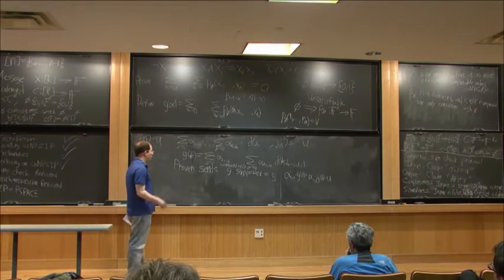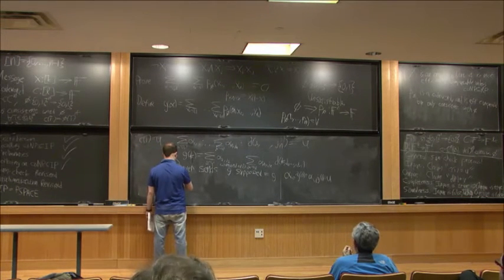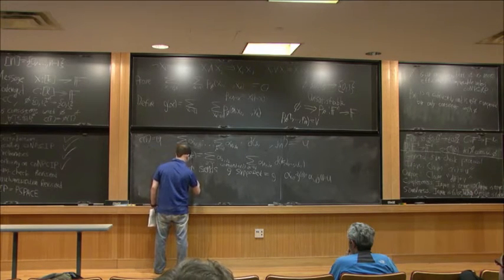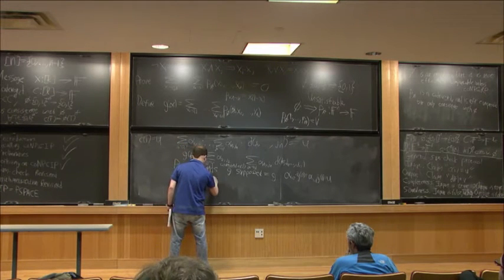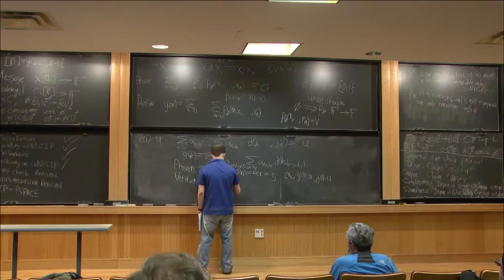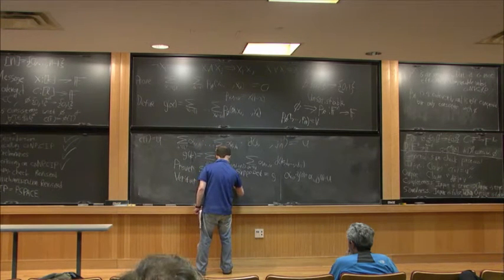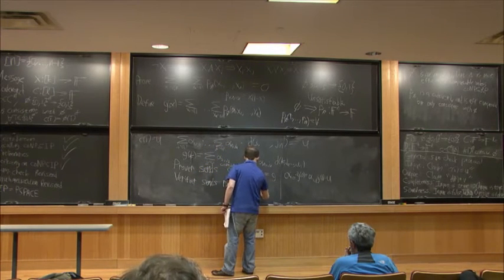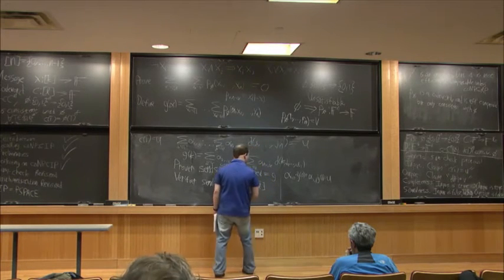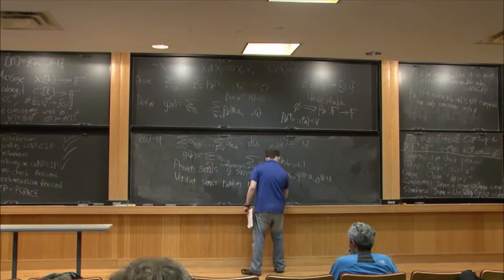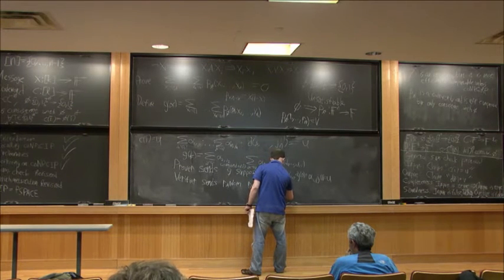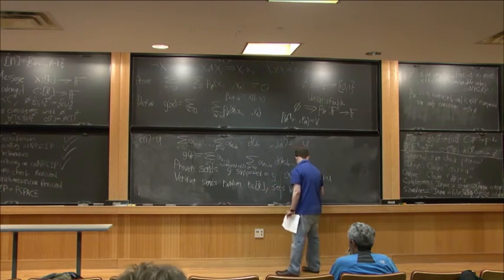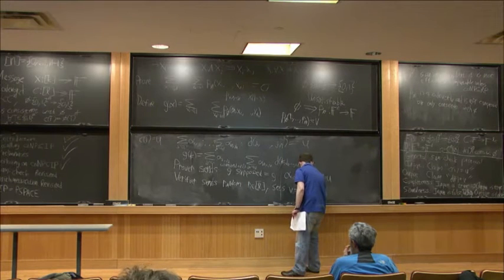And now, in order to do that, we'll proceed as before. The verifier sends a random R1 in L, and sets V1 equals G bar R1.